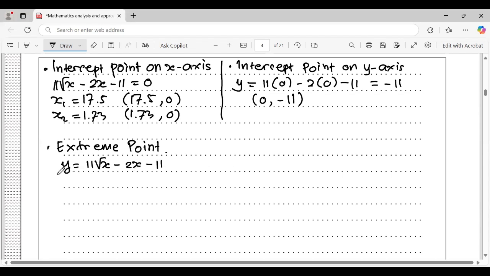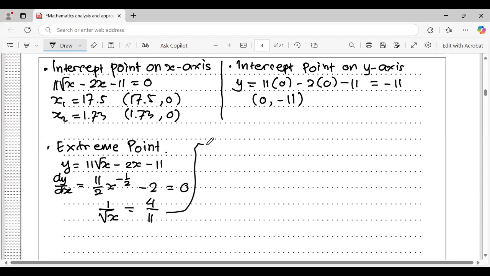We set dy/dx equal to 0. So dy/dx equals 11 times half x to the power of minus 1 half, minus 2, equals 0. So we can find x. It's going to be 1 over square root x equals 4 over 11.